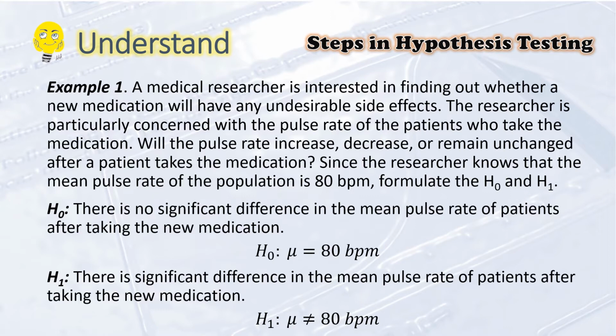We write not equal since in the situation it says will the pulse rate increase, decrease, or remain unchanged. Hence, in the alternative hypothesis, we write is not equal to. We are not particular whether it is to increase or decrease. Then we write not equal to.